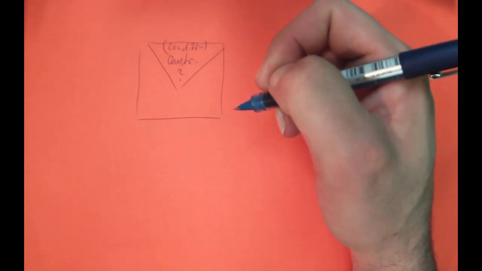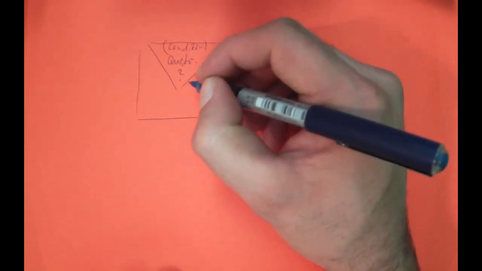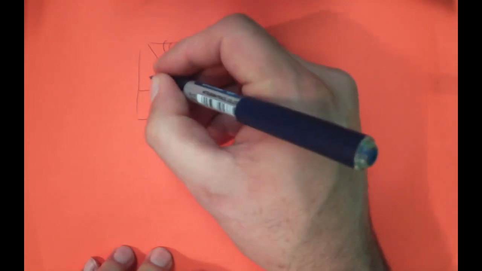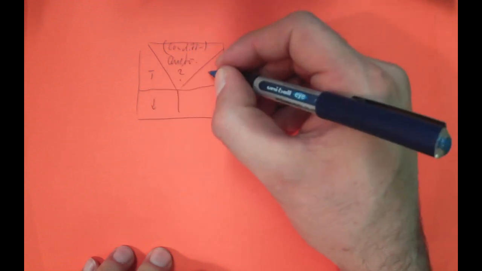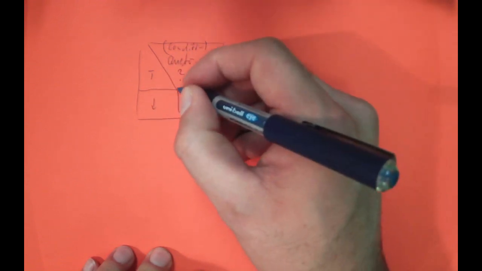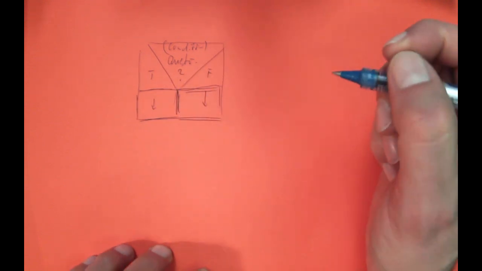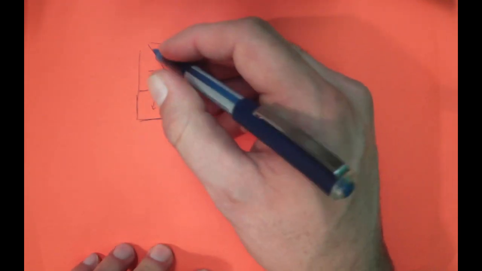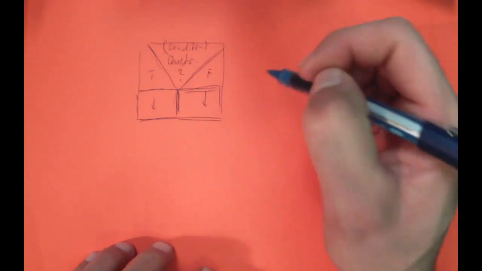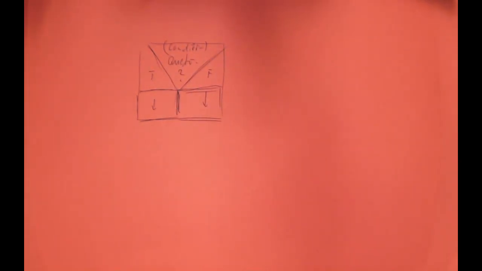The question is, is this condition true or false? And then if it is true, go this way. If it is false, go this way. So this block is operated if it is true. This block is operated if it is false. So it's a splitting of your workflow into two different branches.